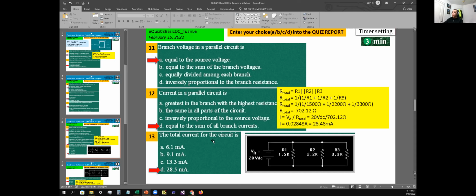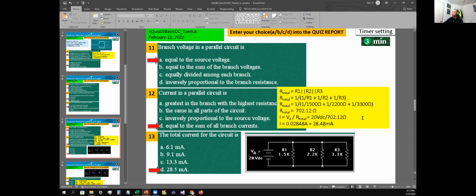Number 13, the total current for the circuit is, okay, so you do that calculation. So you got R total is R1 parallel with R2 parallel with R3. And so you use R total equals 1 over the equivalent of 1 over R1 plus 1 over R2 plus 1 over R3. Okay, so you do that conversion. Make sure you convert it to ohm and you do your calculation.